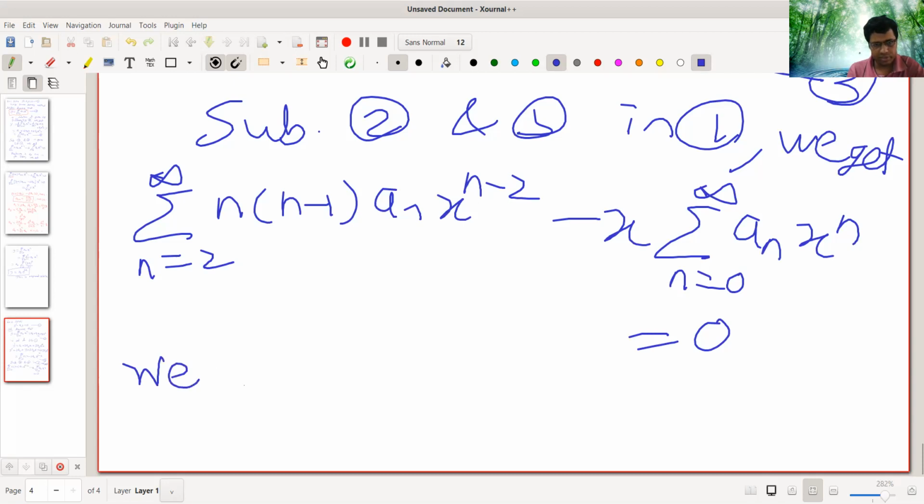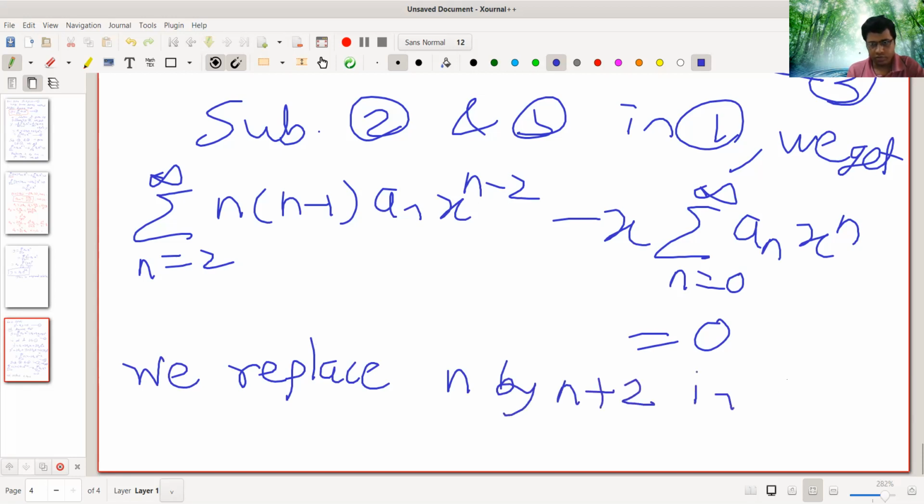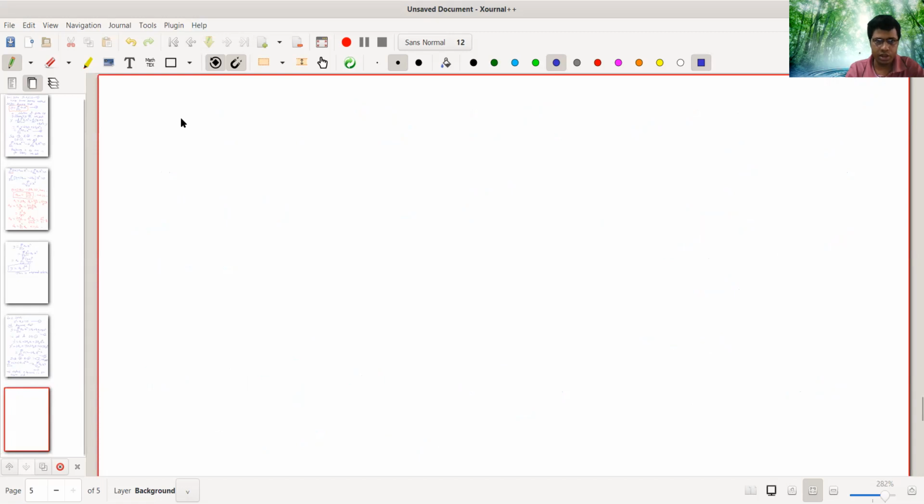In the second term, here it is x into x raised to n, so x raised to n plus 1 and we want x raised to n. So we replace n by n minus 1 in the second term.